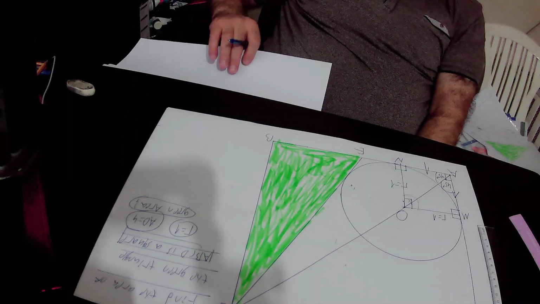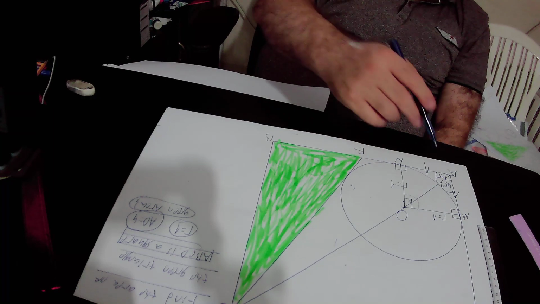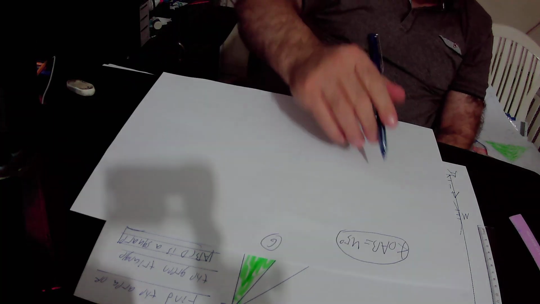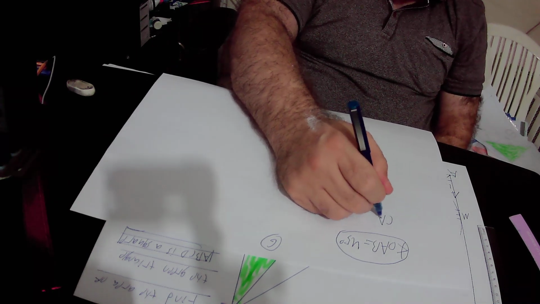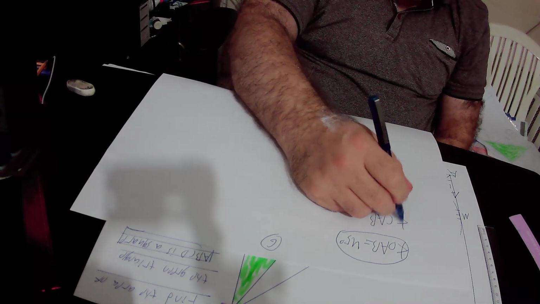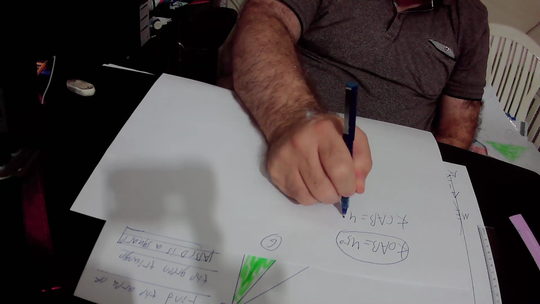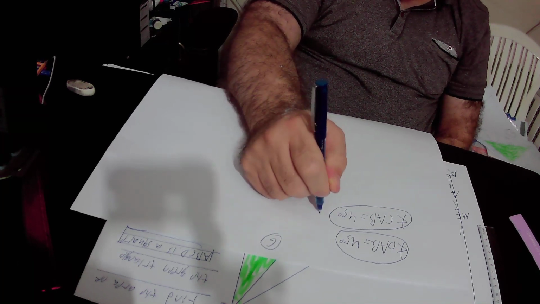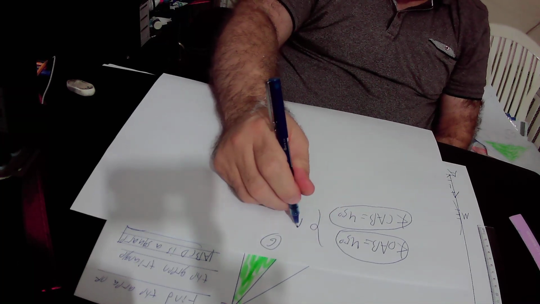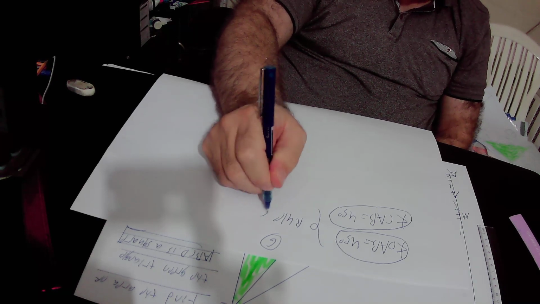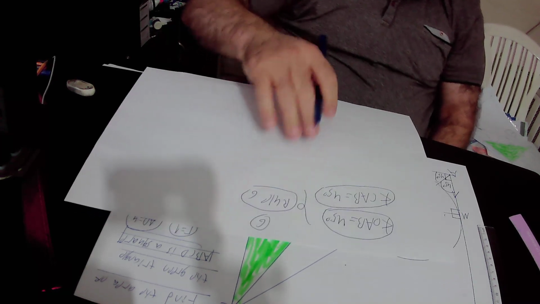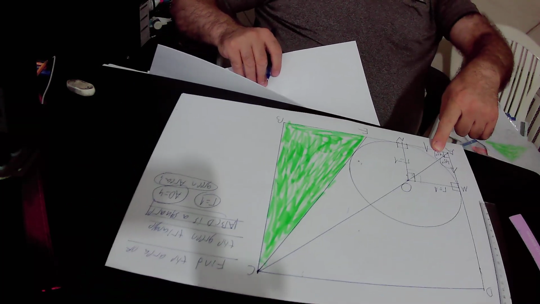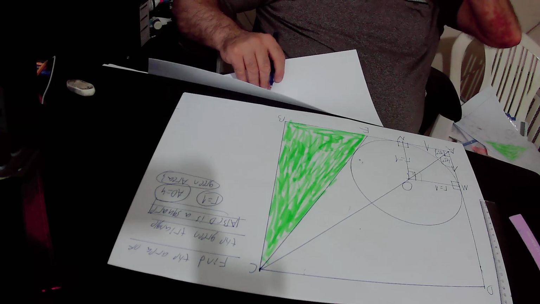Likewise, angle CAB also equals 45 degrees according to rule number 6. Angle CAB also equals 45 degrees. Okay, this is according to rule number 6. So those two angles are both equal to 45 degrees.